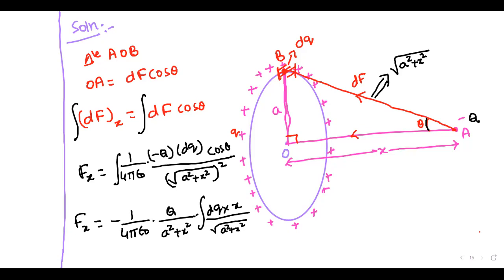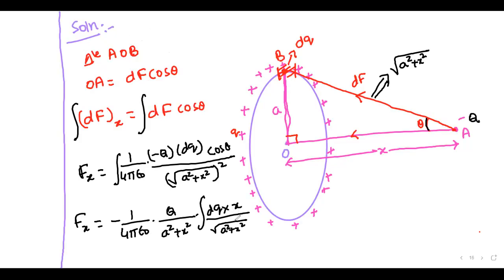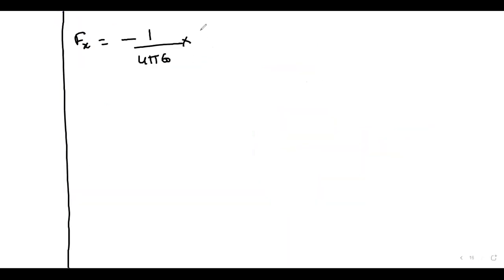So we'll get Fx is equal to minus 1 by 4 pi epsilon naught times x, and this value is a constant, so bring it outside. So qx by a square plus x square whole power 3 by 2 times integral dq.